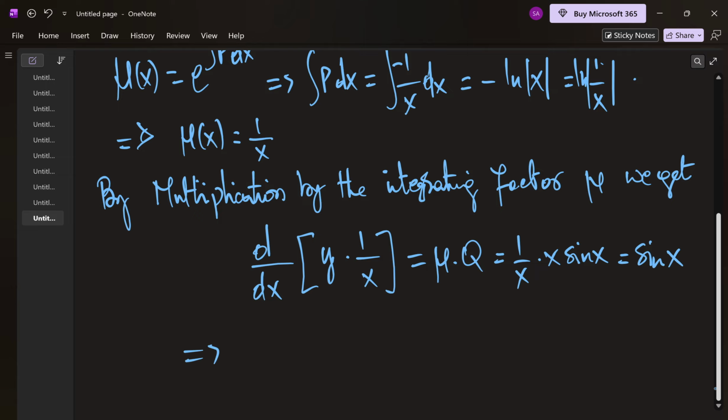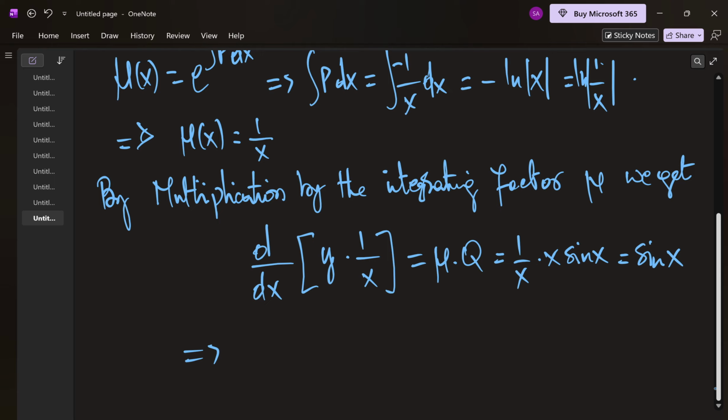So when taking the integral on both sides, you will have, sorry, so now you take the integral.